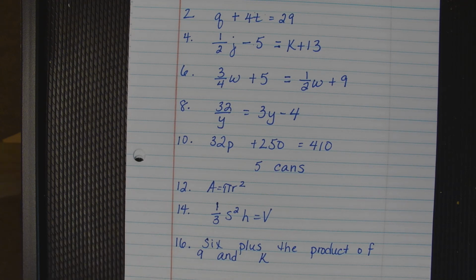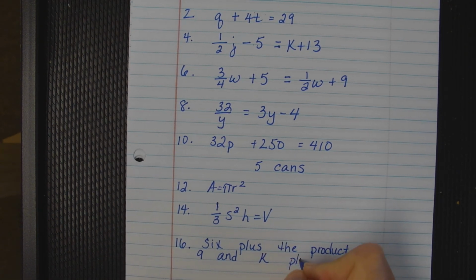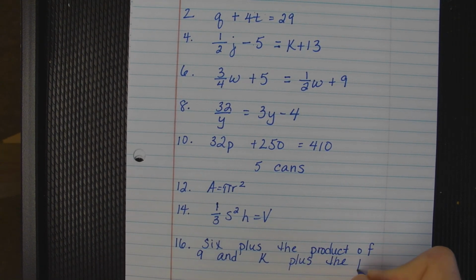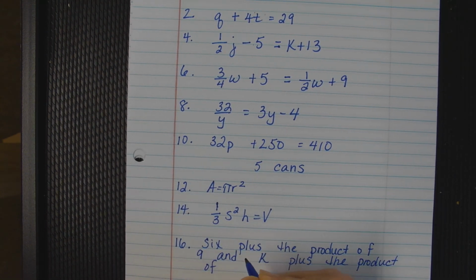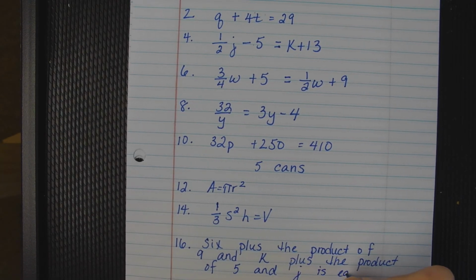I'm just going to write plus the product of 5J is equal to 54.